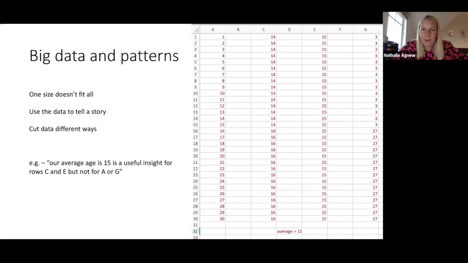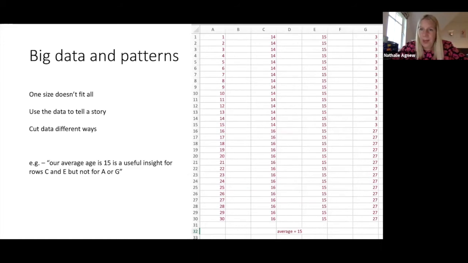Now, if you were to apply to each of those columns what is the average of all of those columns, it is 15. If potentially that was the age of your customers, if you look at column A, having an average age of 15 is not really very helpful there, because actually the age group ranges from 1 all the way up till 30.